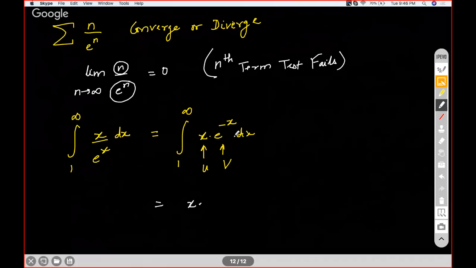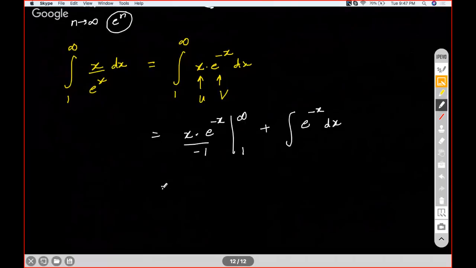So U times integral of this would be e to the minus x over 1, plus. I skipped a step. There was a minus and a minus coming here, so I clubbed it and made it plus. By the way, if you put an infinity here, it will be 0.